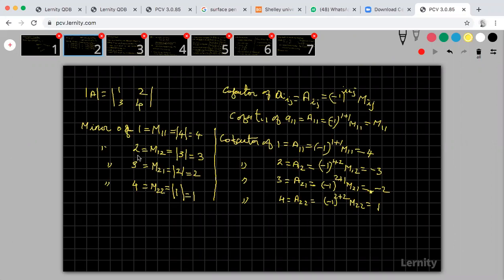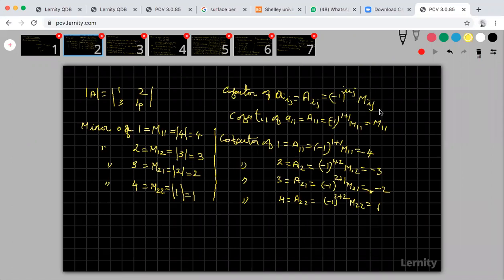Similarly, we can find the cofactor. What is the definition of cofactor? The cofactor of Aij, denoted as capital Aij, is equal to minus 1 the whole power i plus j times Mij.